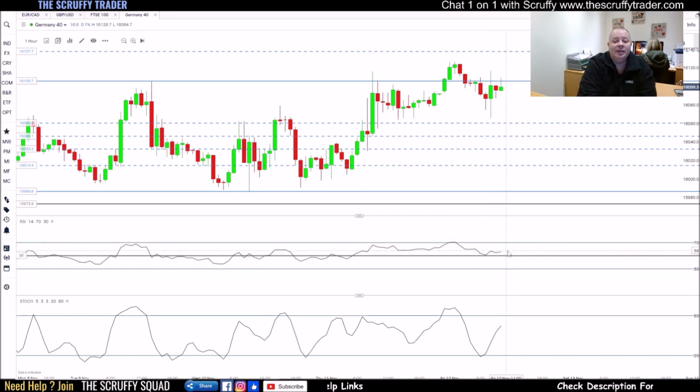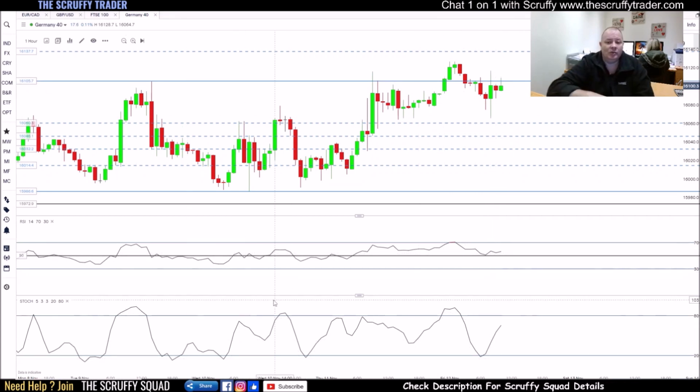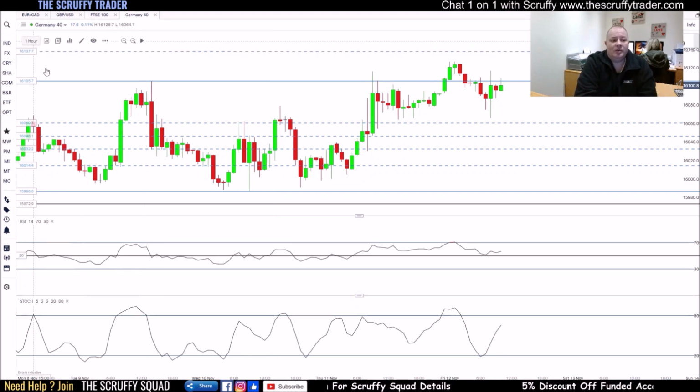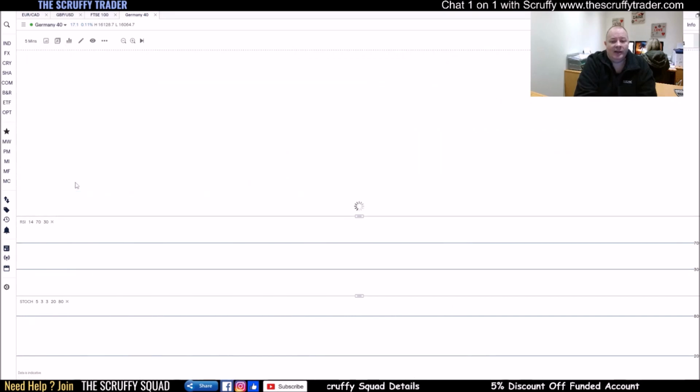I am watching up here so I can see the key levels. It's had a drive up, it's coming down, and I've got a stochastic moving up as well. So what I'm wanting to do is buy this market. It's just basic stuff. So I'm going to drop it down onto a 5-minute chart.